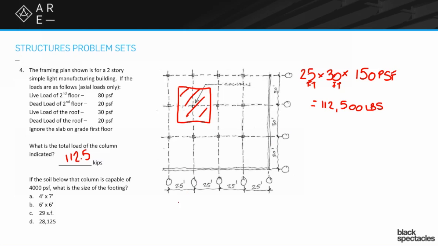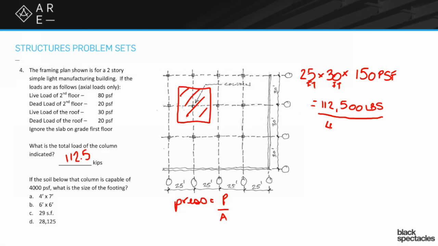When you're figuring out the area of anything and you have a pressure, we know that pressure equals a force over an area. So we know P and we know the pressure, and we're going to search for A. By rearranging this equation, we take the load and divide it by the pressure.